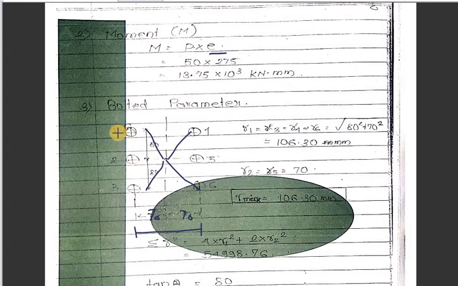That means bolt number 1, bolt number 4, bolt number 3, and bolt number 6 are at the same distance. Once we have calculated the distance of bolt number 1, the same is repeated for 3, 4, and 6. So we have to find out the distance for these bolts.